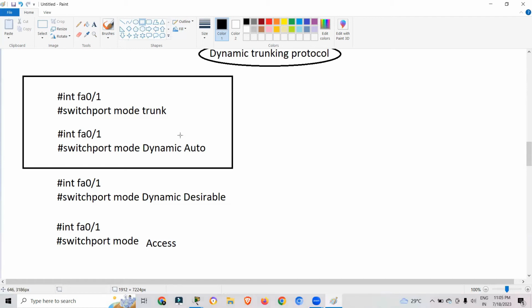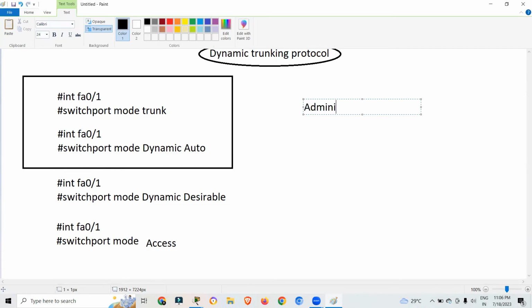Dear, I told you that we will use the combination of these administrative modes. Dear, what is the meaning of administrator?